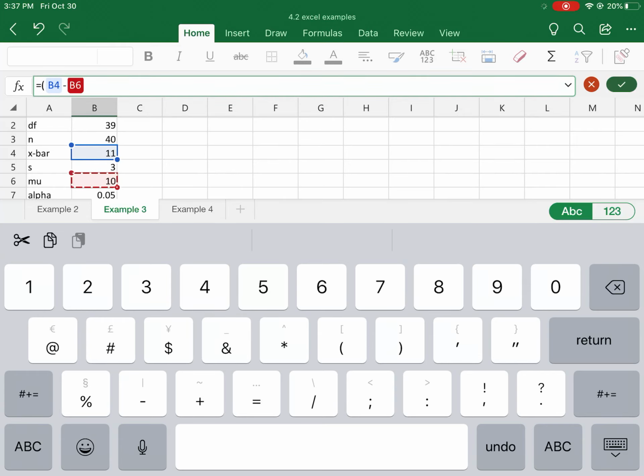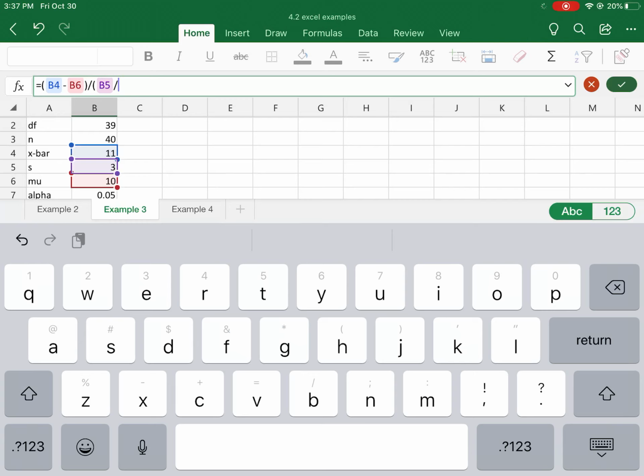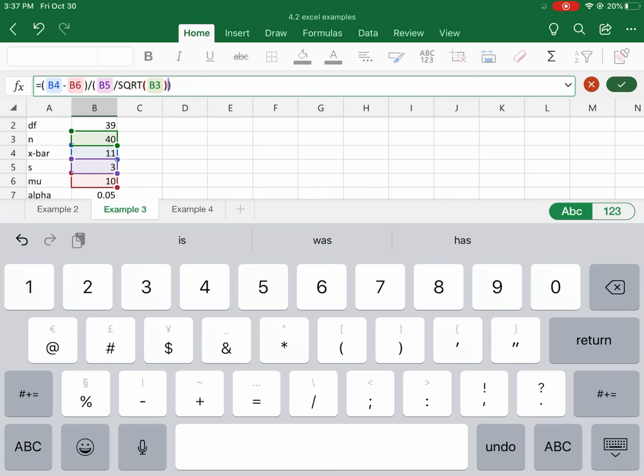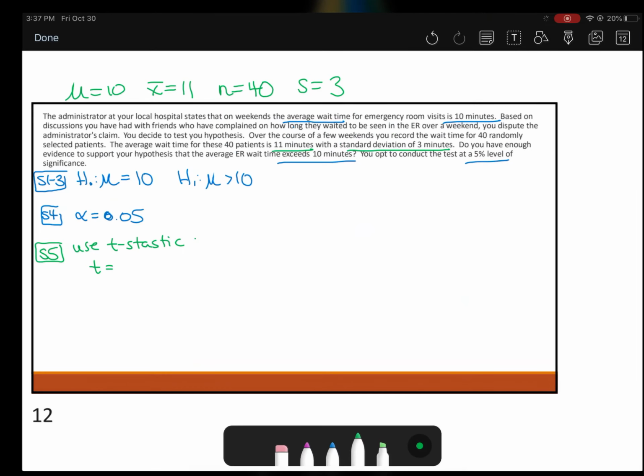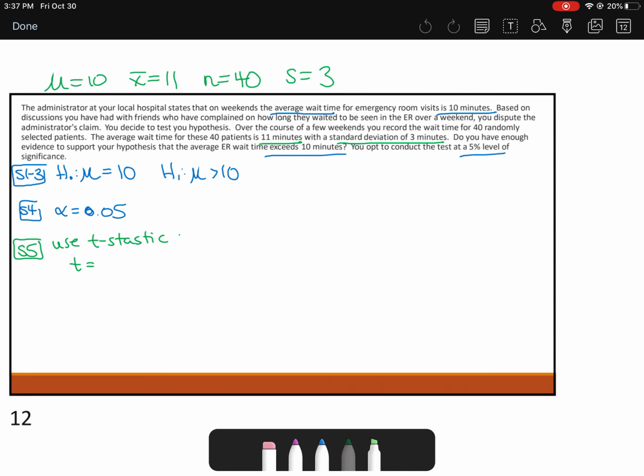I have my x bar minus my mu, close the parentheses, divided by parentheses, my sample standard deviation divided by the square root of n, close those parentheses, and hit enter. In this case, I get 2.108.